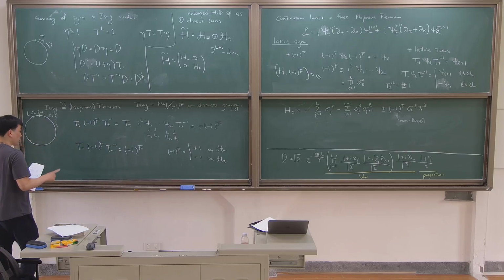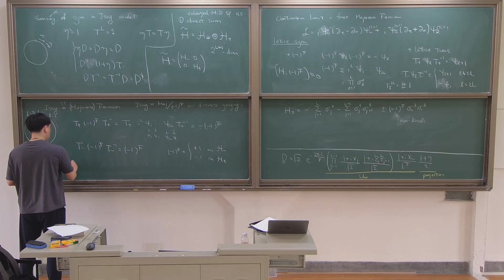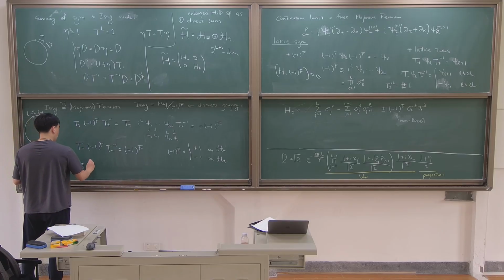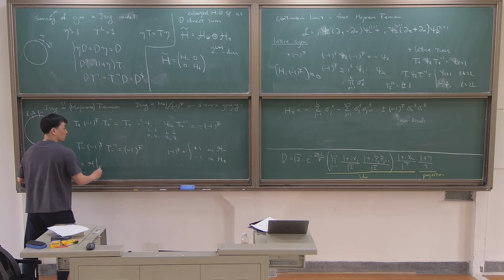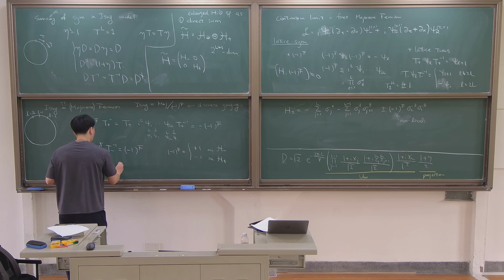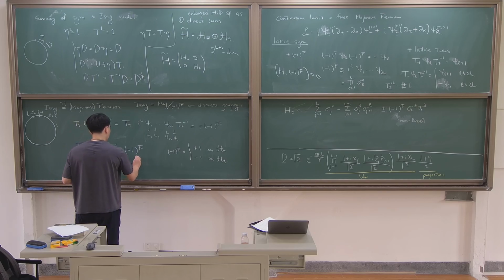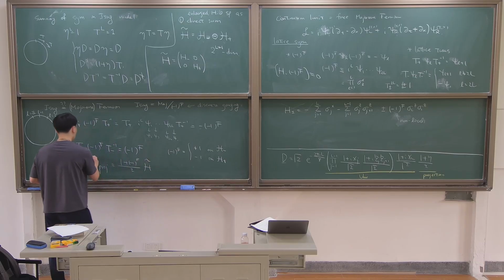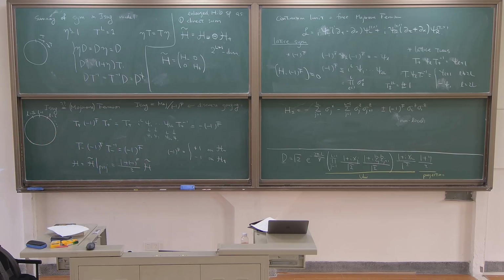And we just project the total Hilbert space H tilde by this operator. Namely, we just take 1 plus minus 1 to the F divided by 2 acting on H tilde. So that's the Hilbert space we consider.